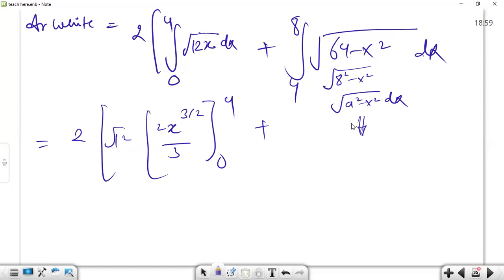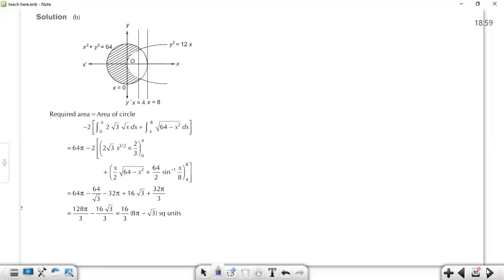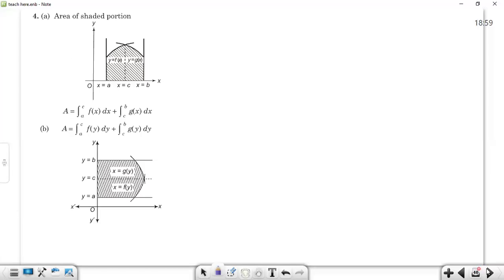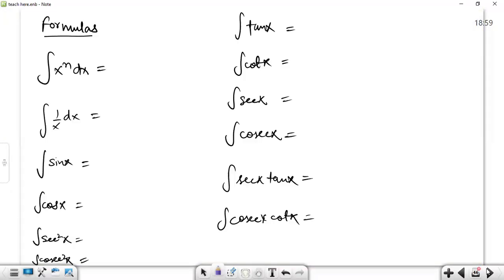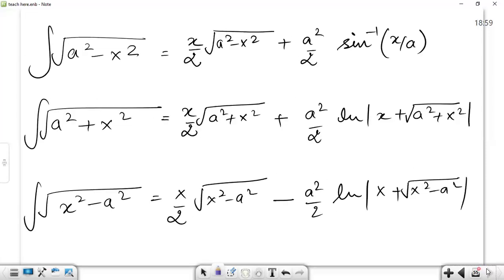So it is simply, first of all, let's use our earlier method. x by 2 into the same term which is there, plus a square by 2 into the sine inverse of x by a. A is what? 8 and x is x. So just replace a by 8 here and we'll be getting our formula.